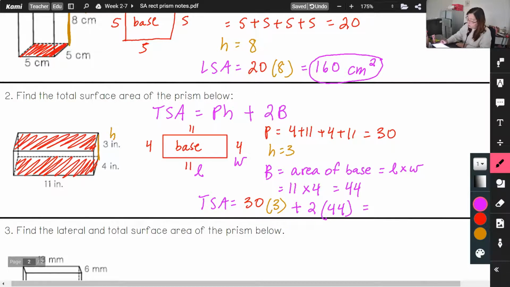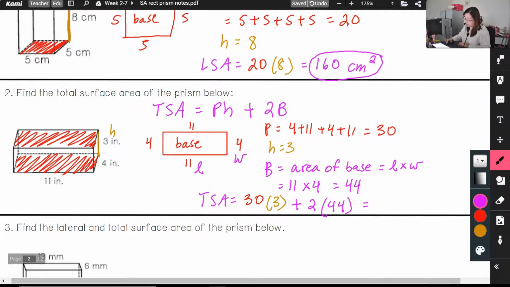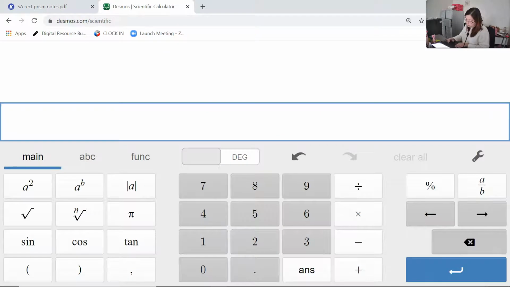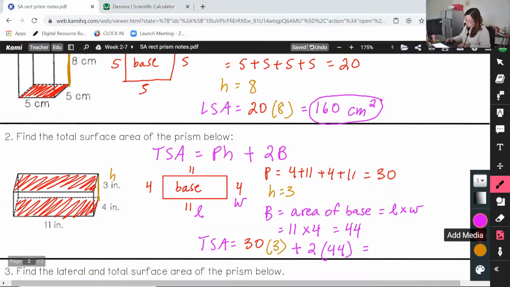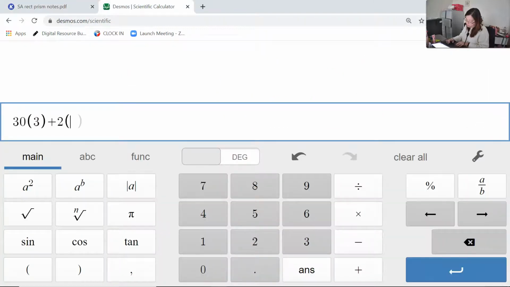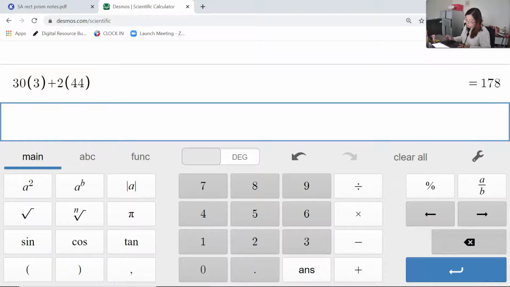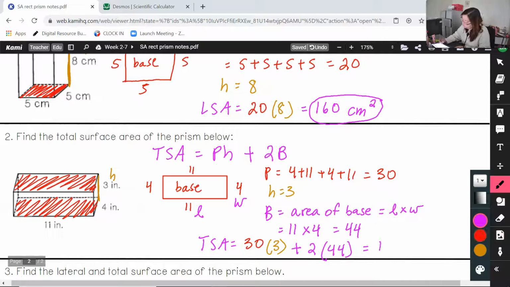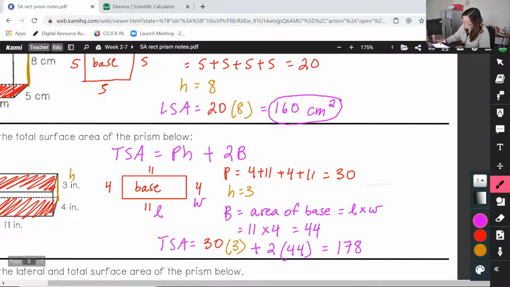So this here, 30 times 3 plus 2 times 44, is what we can go ahead and plug into Desmos. 30 times 3 plus 2 times 44. That gives us our answer of 178. The units are in inches, so this is inches squared.